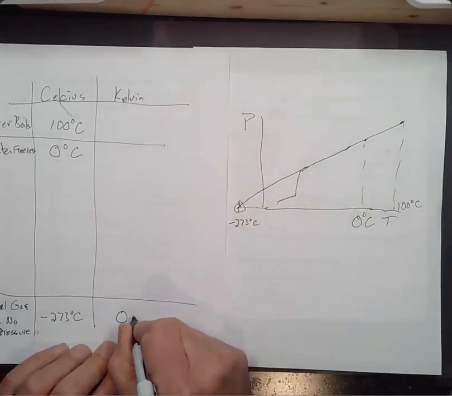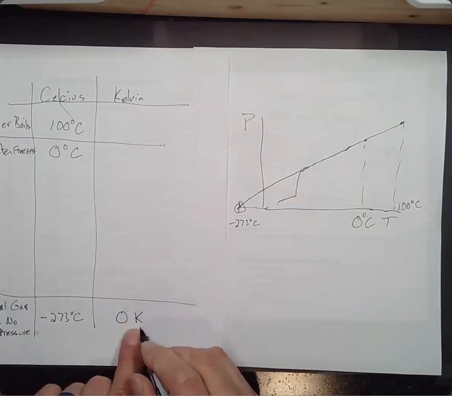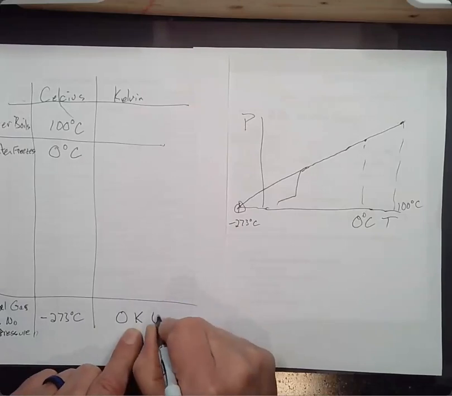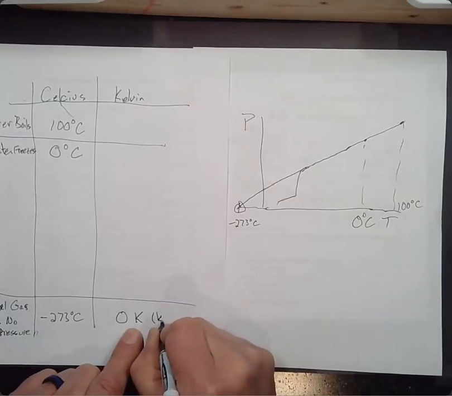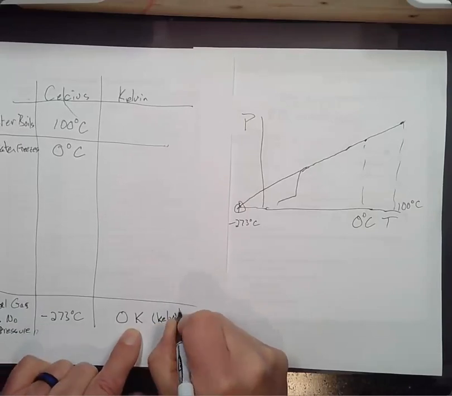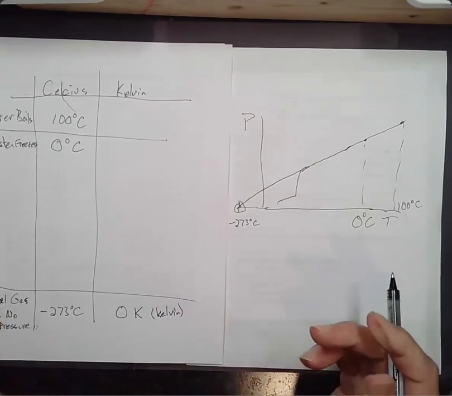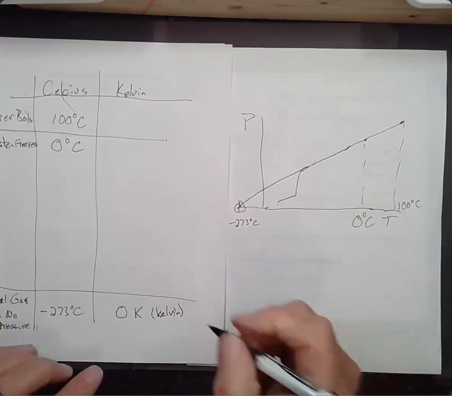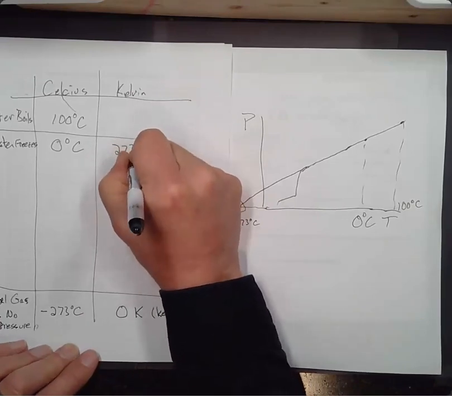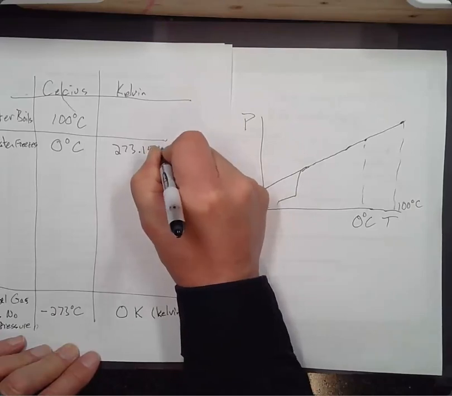On the Kelvin scale, the symbol for the unit is just a capital K, and it's written out as a unit with a lowercase k. And there is no degree like on the Celsius scale. You just call it 0 Kelvin. Or if you're up here, this would be 273.15 Kelvin.